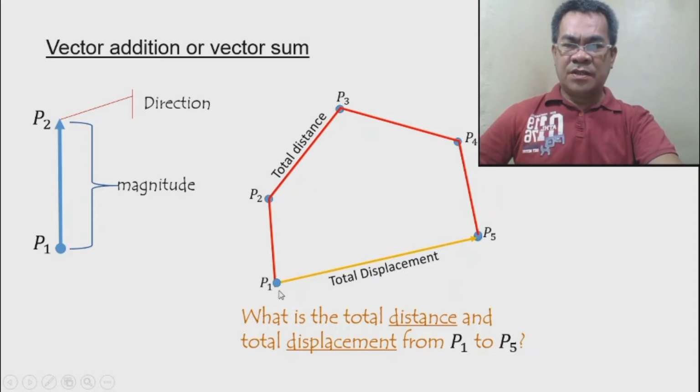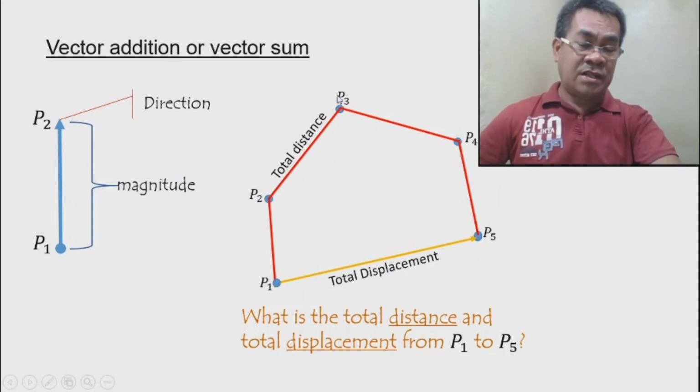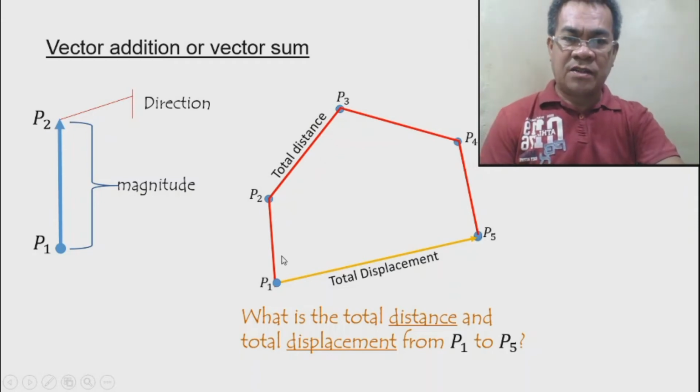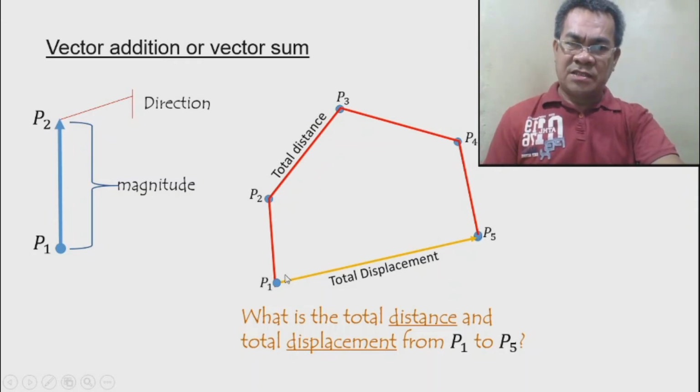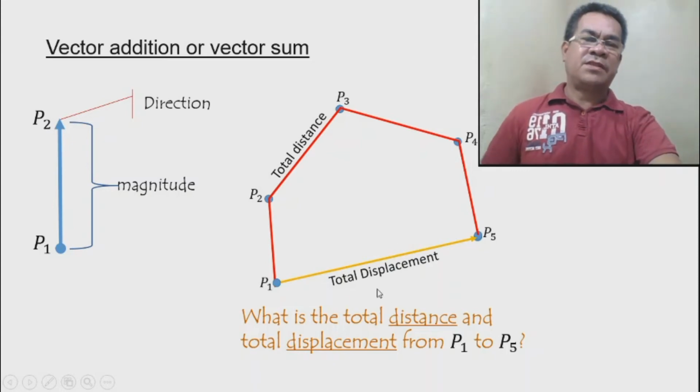So you have to use your trigonometry, working with an oblique triangle, then solve this side, then use this side, and then use this last final triangle, and you can solve for the displacement.